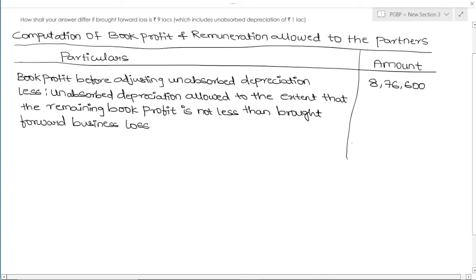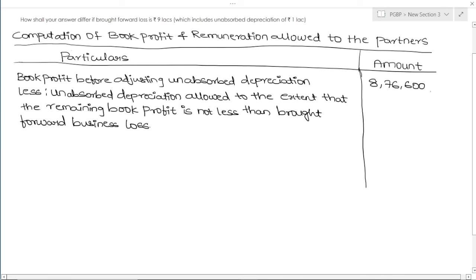So now what is the brought forward business loss? 8 lakhs rupees. What is unabsorbed depreciation? 1 lakh rupees. What is book profit before unabsorbed depreciation? 8 lakh 76,600. Now suppose from 8 lakh 76,600 I deduct unabsorbed depreciation of the total 1 lakh.